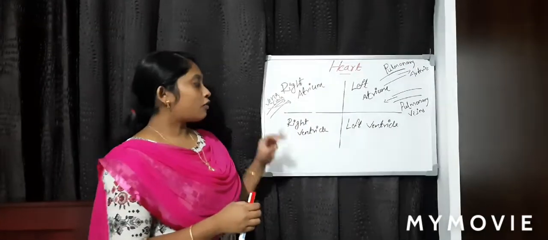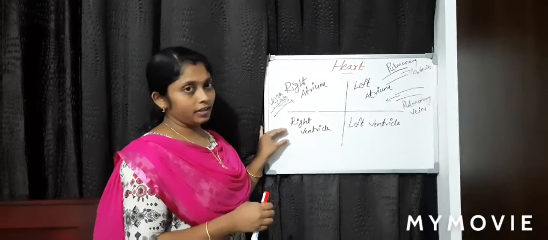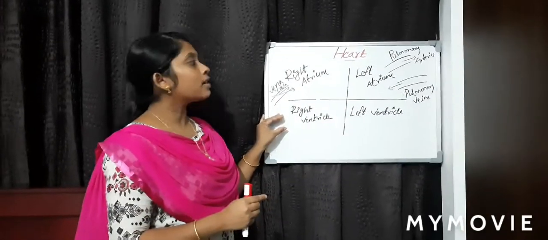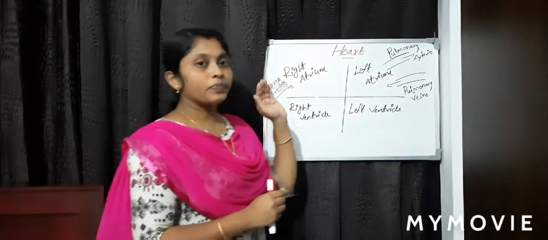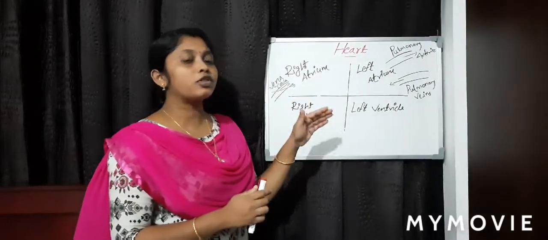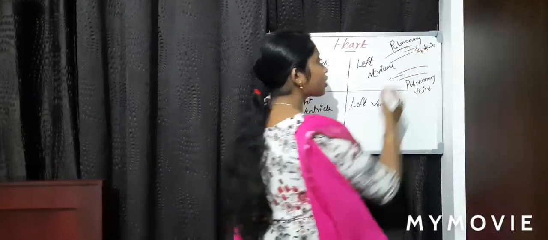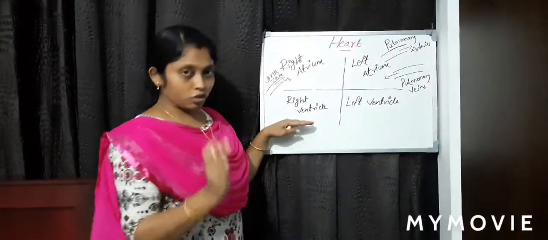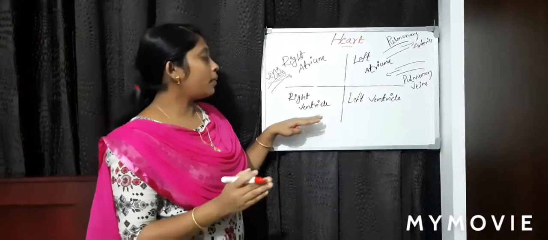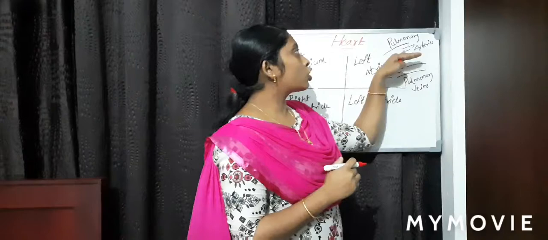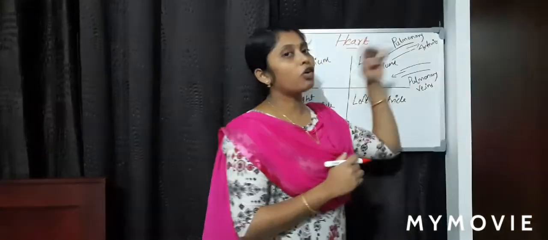From the right ventricle, the contaminated or deoxygenated blood goes into our lungs through the pulmonary arteries for oxygenation.